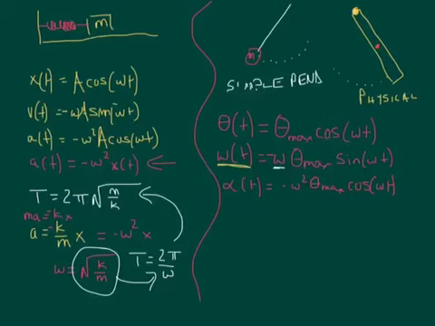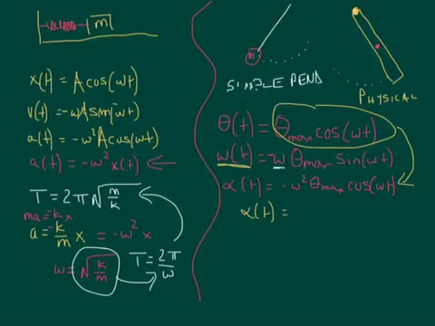And just like we did before, we're going to substitute our angular displacement function into the acceleration function, and we have alpha as a function of time is equal to negative omega squared times theta as a function of time. Okay, so very similar so far.